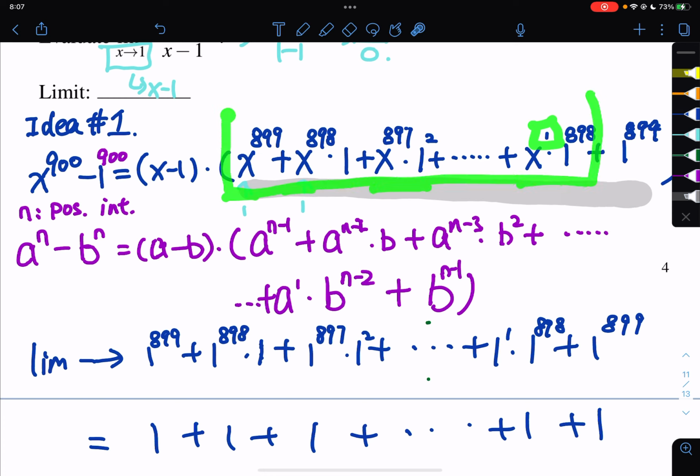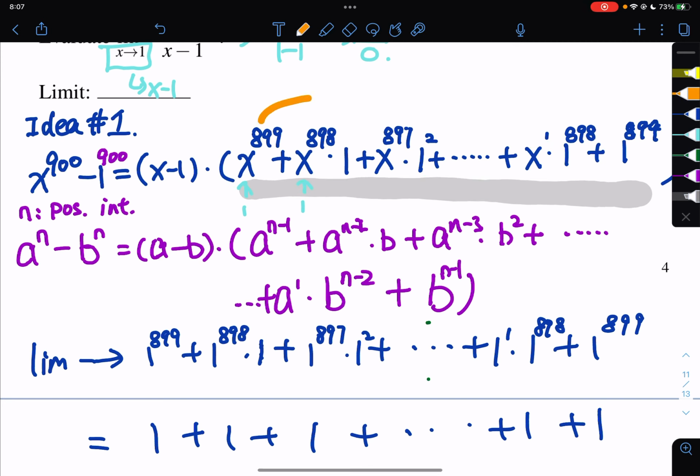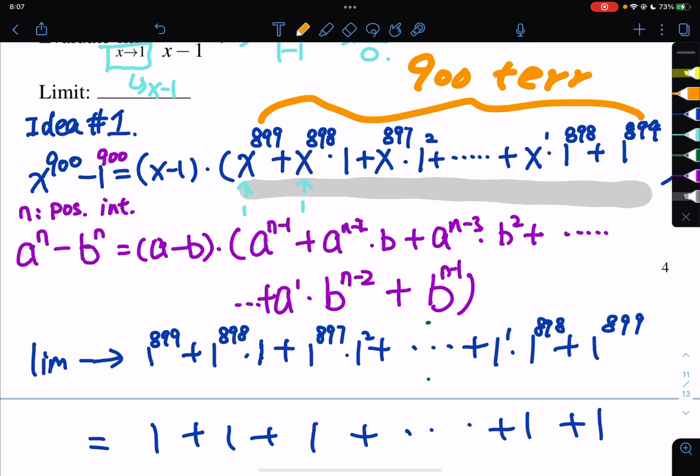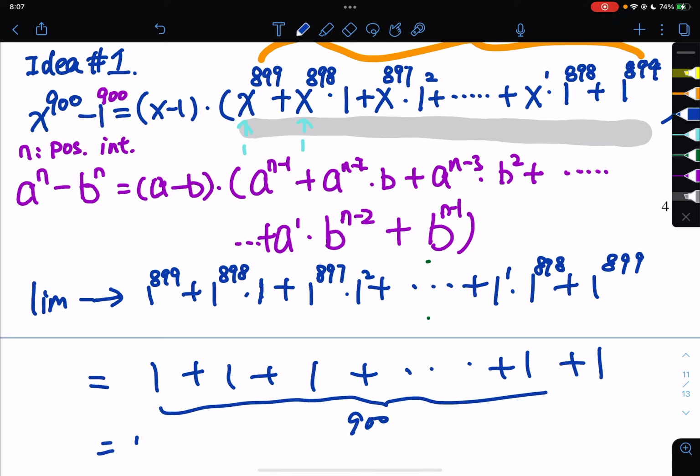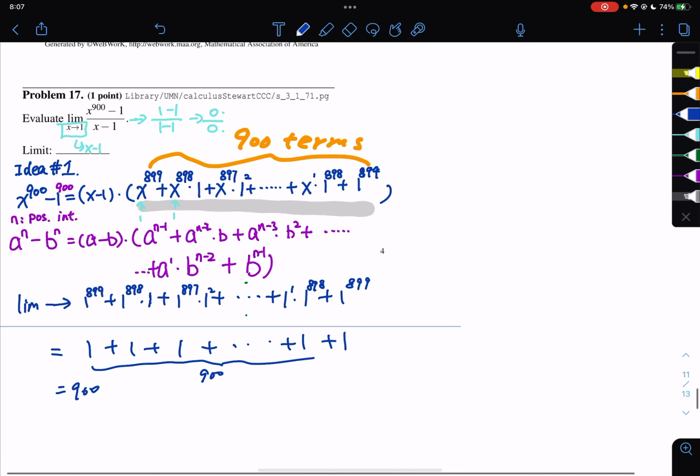But there's another term which I failed to count. So altogether, that's 900 terms. Therefore, I'm expecting to have 900 of 1 here. So my final answer is supposed to be 900.